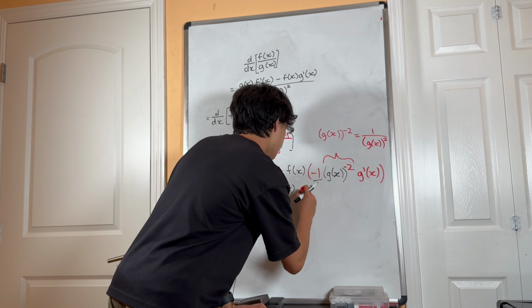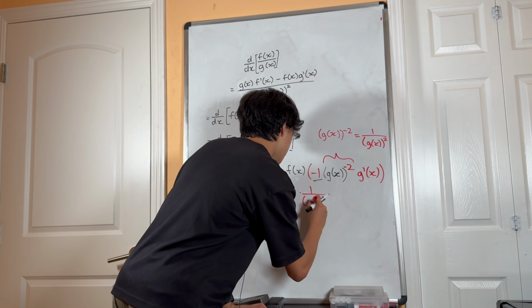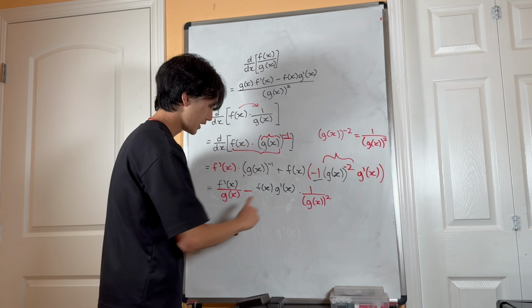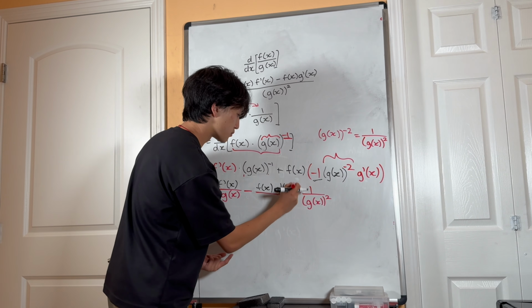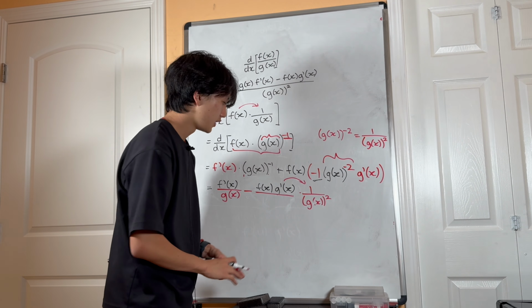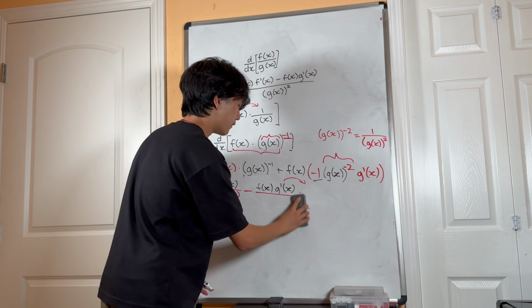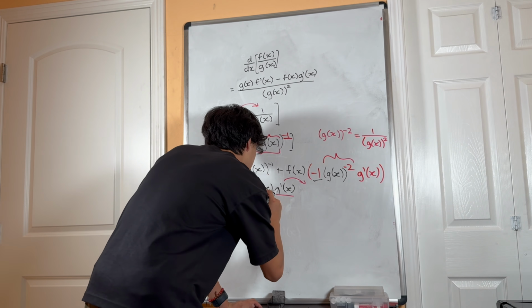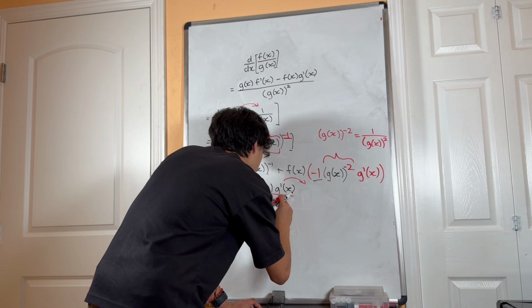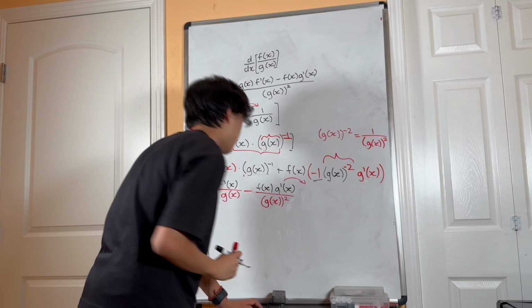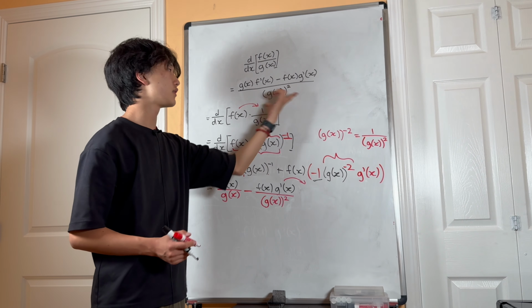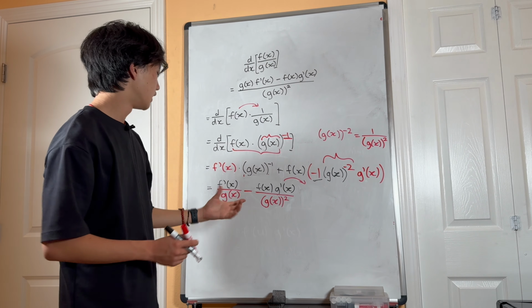This is the same thing as multiplying by 1 over g of x squared. Except, once again, these two functions multiply into the numerator, so we can just put this g of x squared into the denominator, like this.